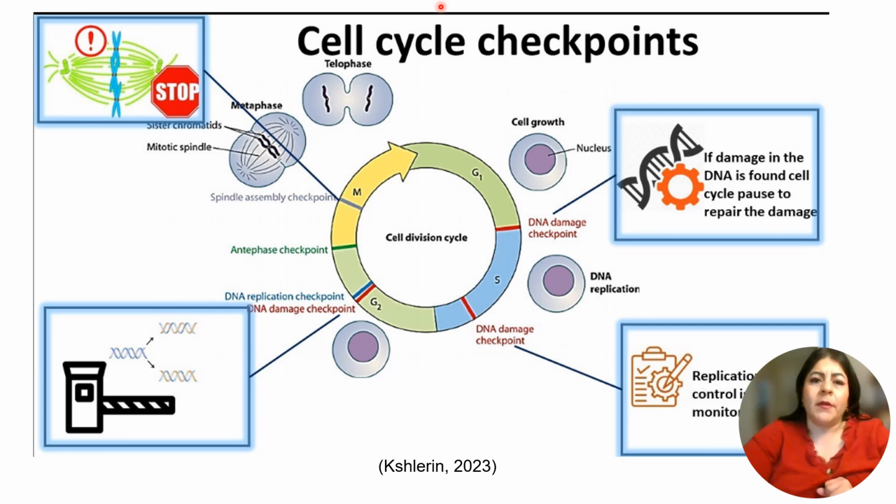The M checkpoint, or spindle fiber checkpoint, happens during metaphase of mitosis and ensures that chromosomes are correctly aligned to spindle fibers before they're pulled apart to separate them. This checkpoint prevents chromosome missegregation by halting the process until proper attachment has been confirmed by the spindle fibers. Collectively, these checkpoints maintain genomic integrity and facilitate precise division.